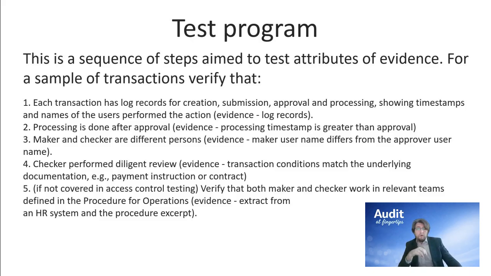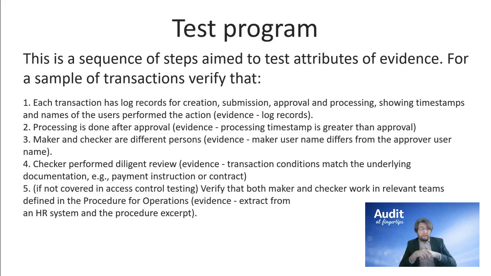And number 4, so here's a bit challenging step, because we'd like to verify whether checkers perform the review diligently, right? So in this case, we need to do the checker's work. It's a bit of going outside of the log scope, because we need additional documentation to be obtained.